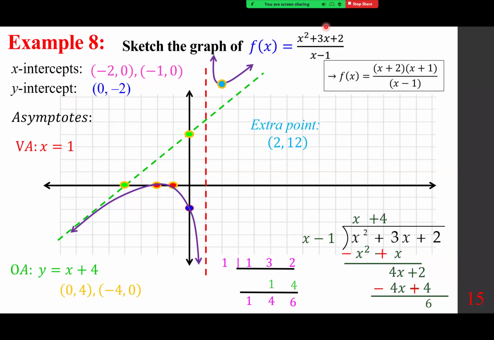If the degree of the numerator is smaller or equal to the degree of the denominator, we have horizontal asymptote. If it's larger by 1, we have oblique asymptote. The methodology is the long division. In this case, we could have used synthetic division as well. Otherwise, you can't. Okay. And we have the graph.